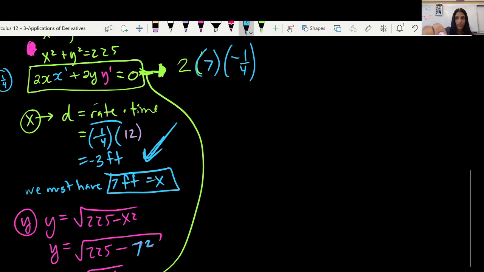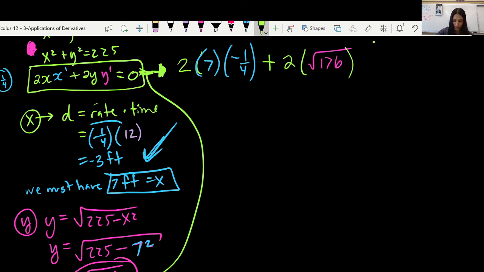And then we have plus 2 times my y value, and we just found the y value down here to be root 176. That's the thing we just finished calculating. Times y prime equals 0.